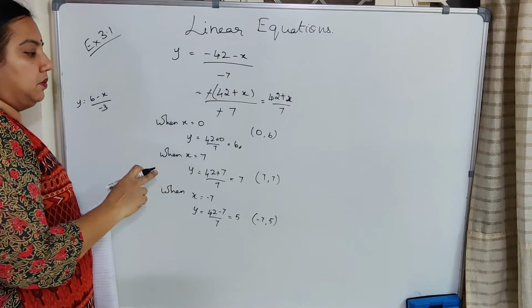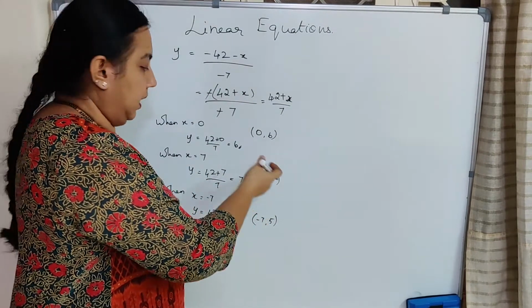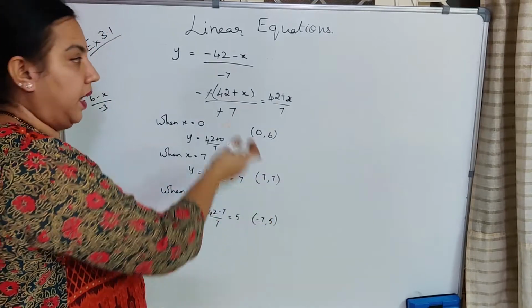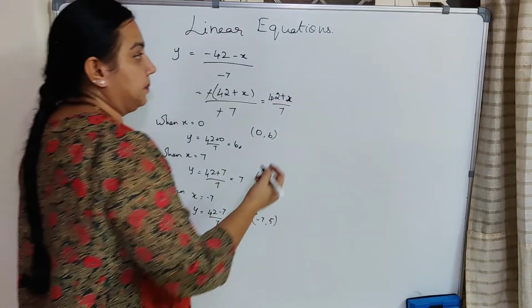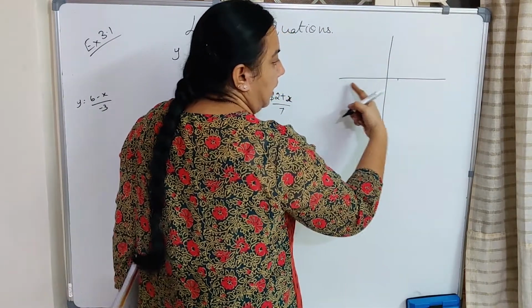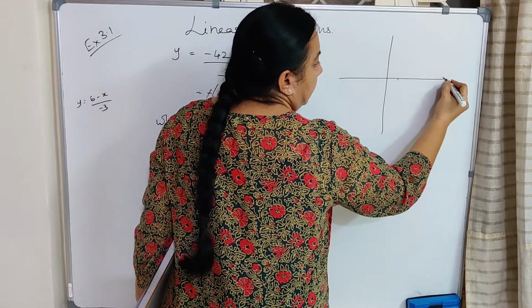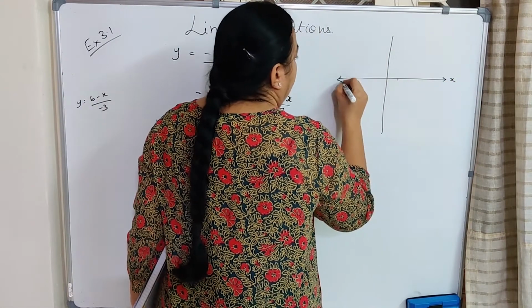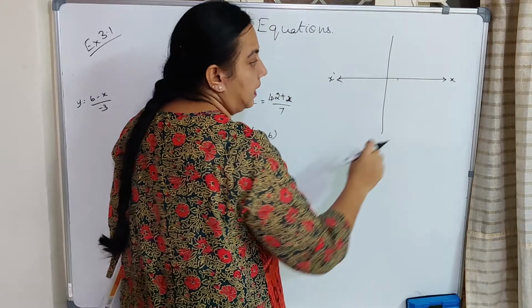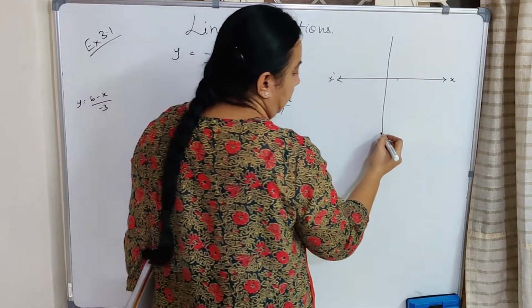Okay, and now we'll first draw the graph, plot these points on the graph, and then go to the second equation also. I'll draw a rough graph. Always the horizontal line will be considered as the x-axis, and the vertical line is called the y-axis. Better always mark it. The positive side will be x and the negative side will be x dash always.